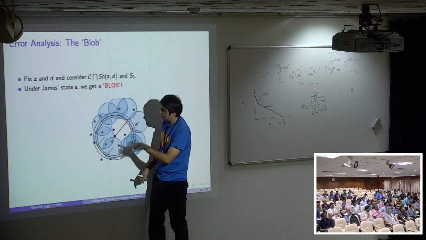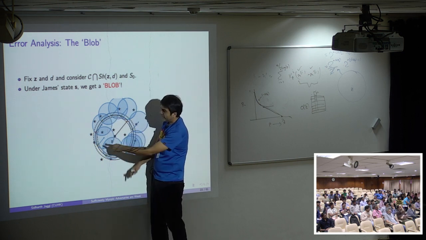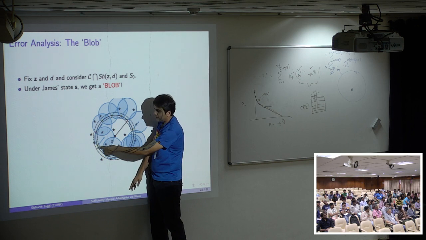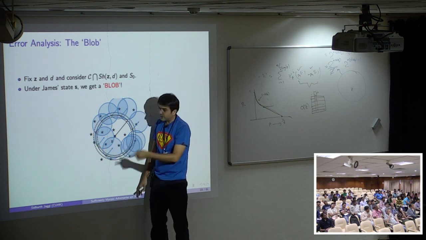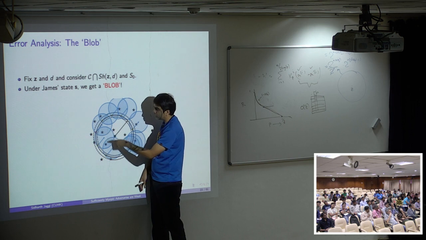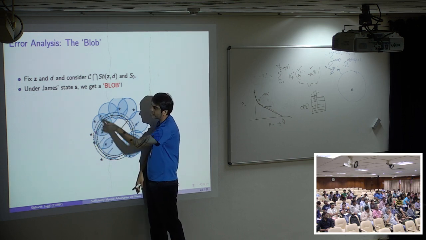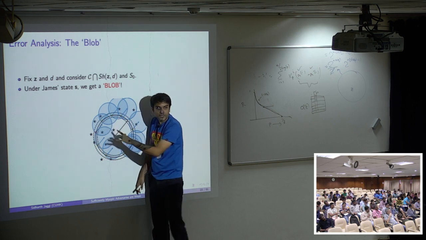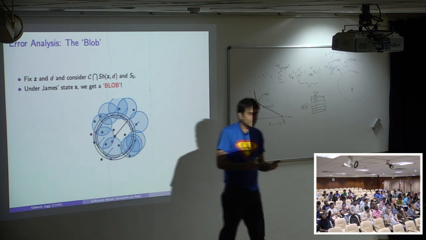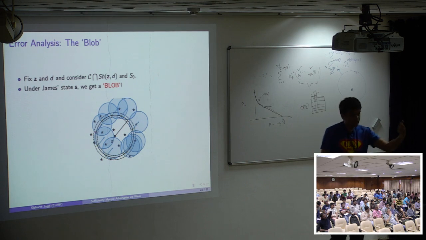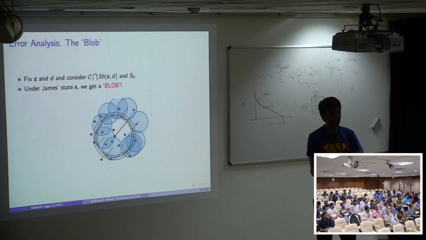So the question is, if this was what Alice was transmitting, what could Bob be confused with? He could be confused with these 2 other code words. If this is what Alice was transmitting, Bob could be confused with these 3 other code words, and so on. So what we have to worry about is, for each of the code words in the oracle given set, under the action s, are there other code words that could confuse Bob?